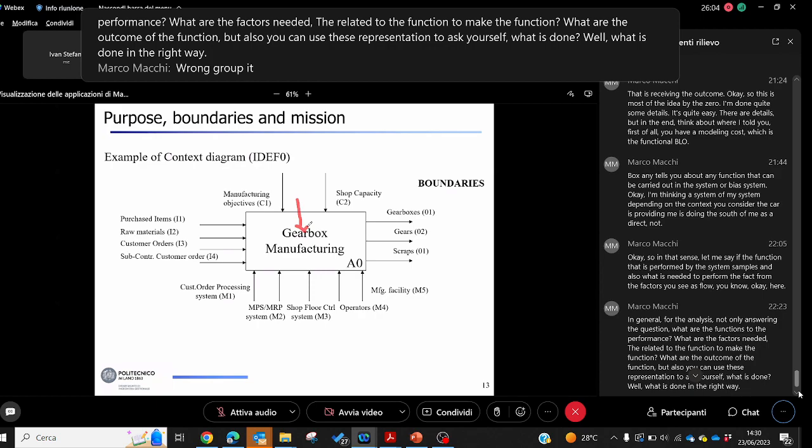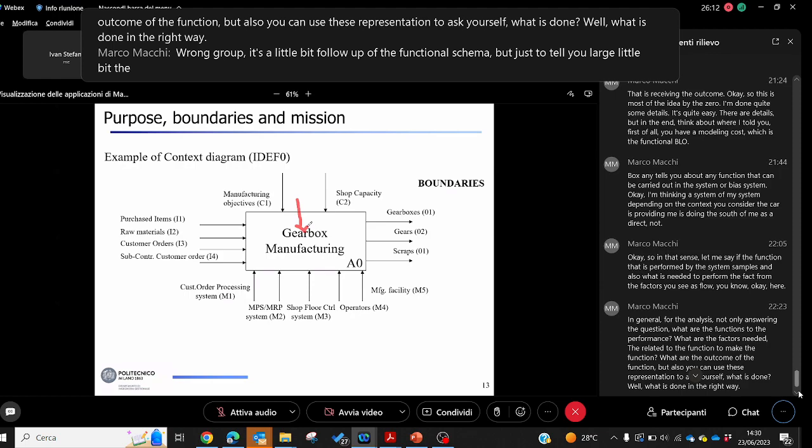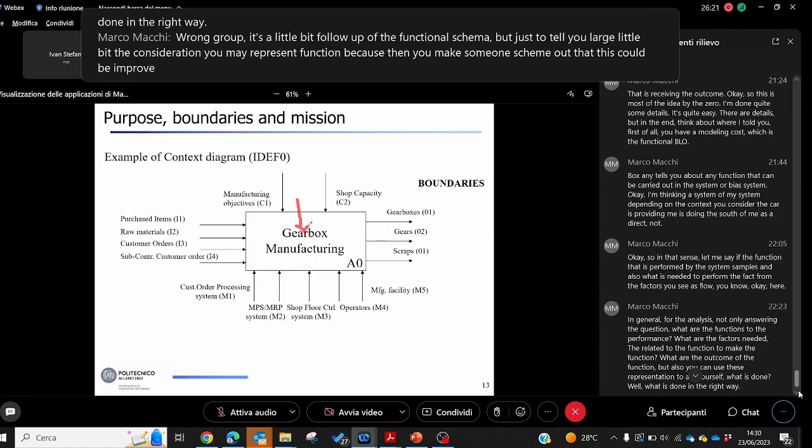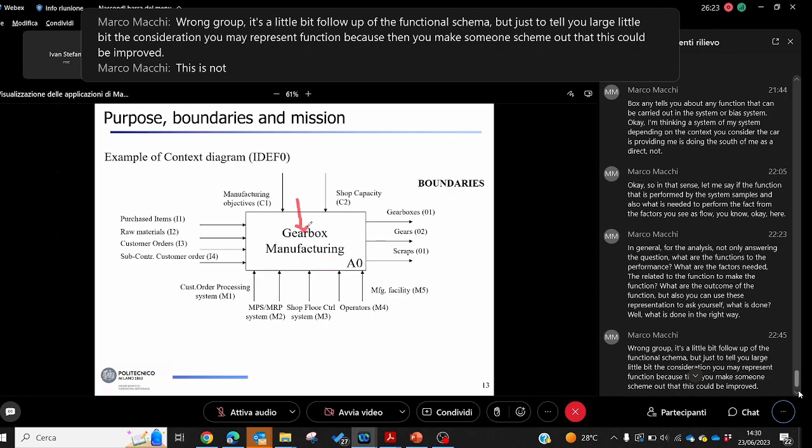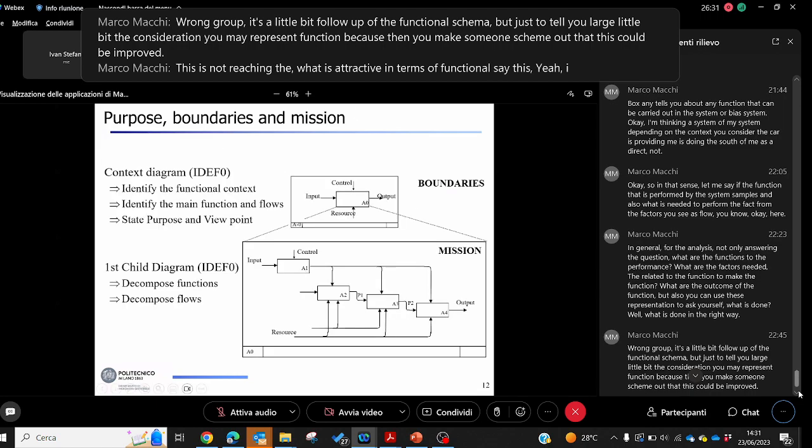It's a little bit a follow-up of the functional schema, but just to enlarge a little bit the consideration. You may represent a function because you may somehow schematize that this could be improved. This is not reaching what is expected in terms of functionality. So, I told you basically the major idea.